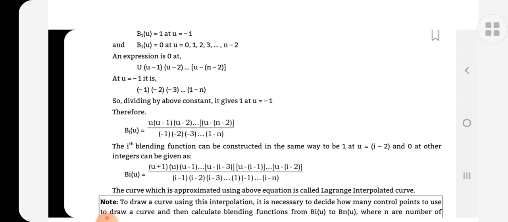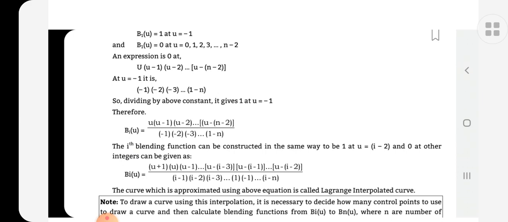Dividing by this constant gives a 1 at u equal to minus 1. So bi(u) is given by the function divided by its value at u equal to minus 1. The ith blending function can be constructed in the same way to be 1 at u equal to i minus 2, and 0 at other integers.